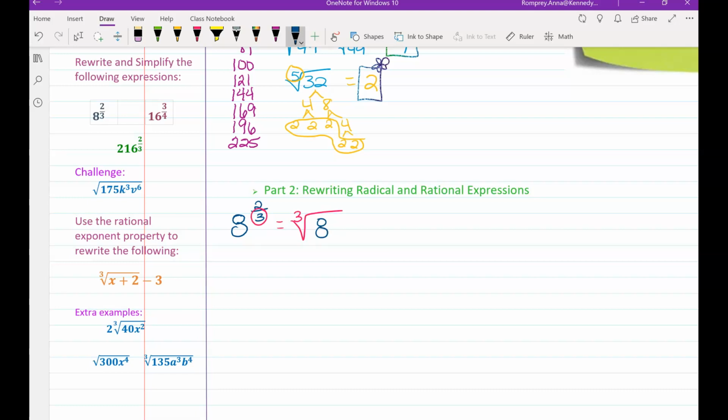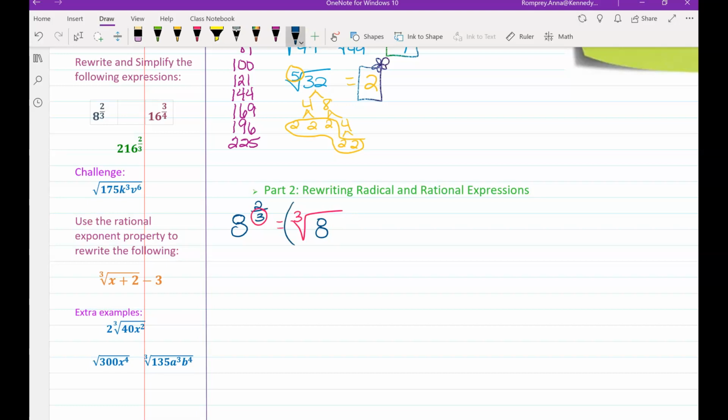And then squared. So from here, you have two options. You can put parentheses and put the squared on the outside, or you can put the squared on the inside. So whichever you think is easier.